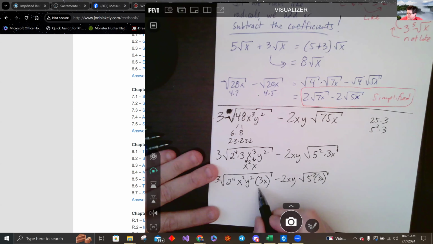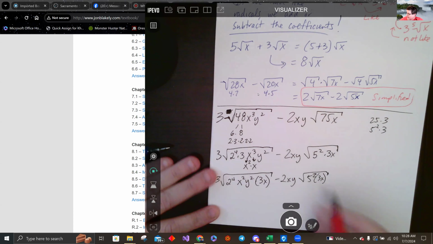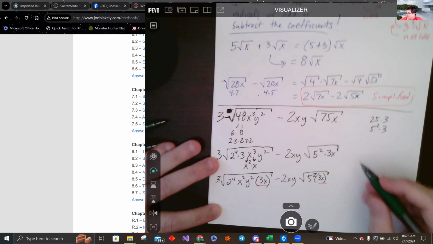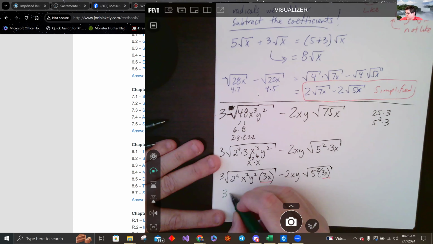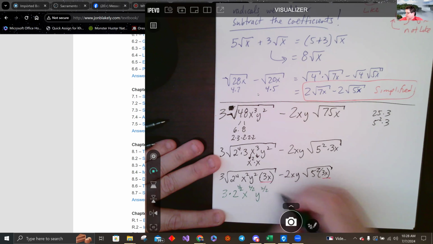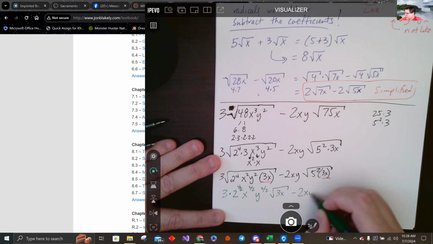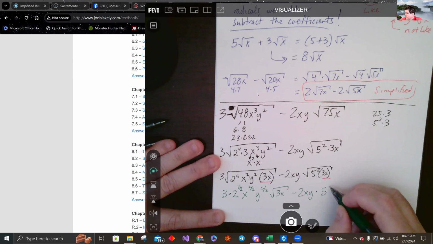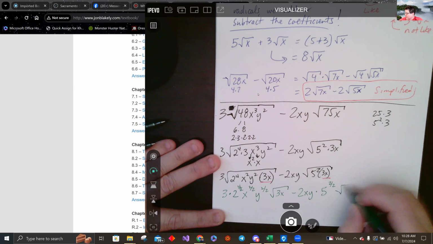And we can see we're going to have a 3x left over after we take everything out. So this becomes 3 times, we have 4 over 2 for the exponent here, 2 over 2 for the exponent there, 2 over 2 for the exponent there, square root of 3x, minus 2xy times 5 with 2 over 2 there, square root of 3x.